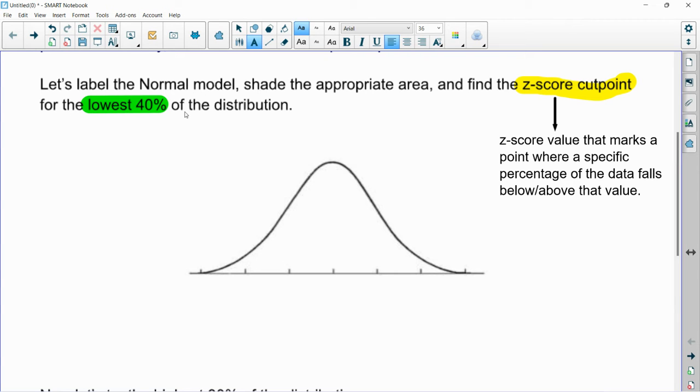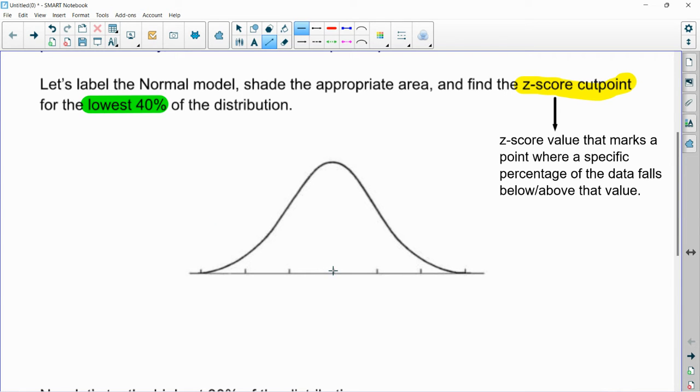As a matter of fact, the only number we know is that we're looking for the lowest 40%. So we've been planting a flag on our normal distribution models where we put this vertical line segment. Now, we want to find a cut point. So we want to know where we are here on our axis. What is our z-score on our axis, so that the lowest 40% of the distribution will fall to the left?